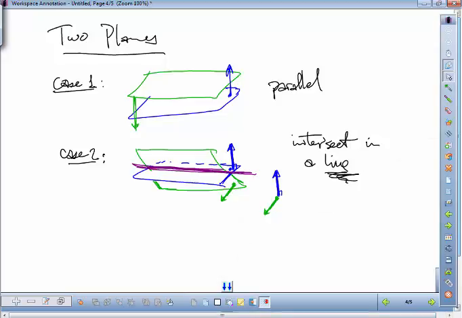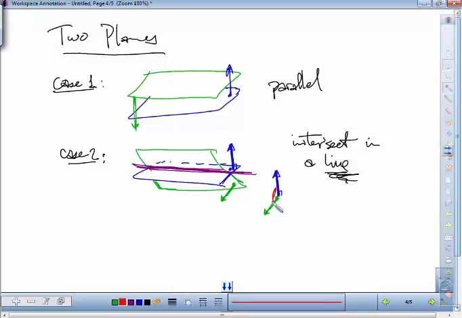One, the angle between these two vectors is exactly the same as the angle between the two planes.